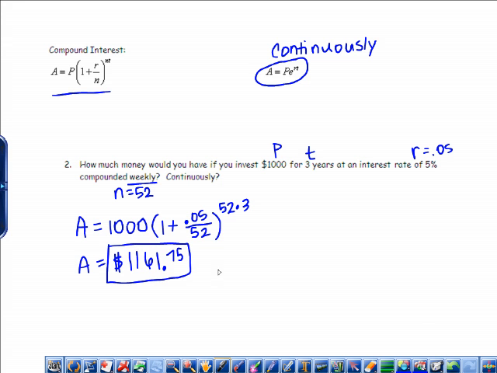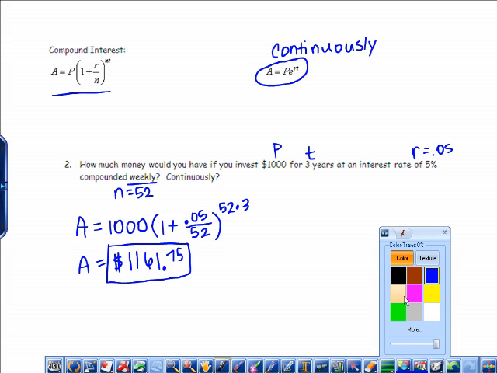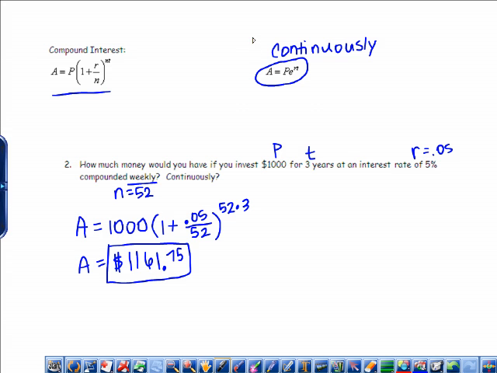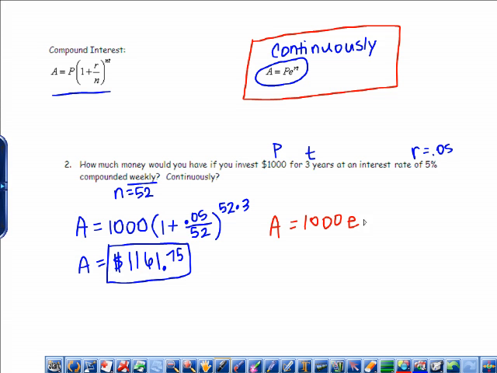All right, now let's do the continuous one. I'm going to do this one in red. The P is still the same number. There's no N to worry about, but notice that we have this E again, the natural number. It has a lot of applications, and this is just one of them. Our R was 0.05, and our T was 3.